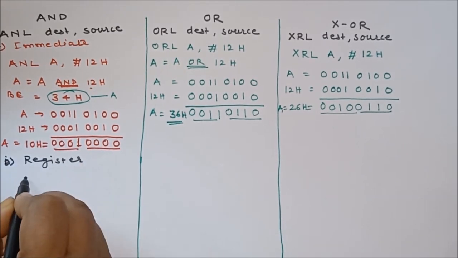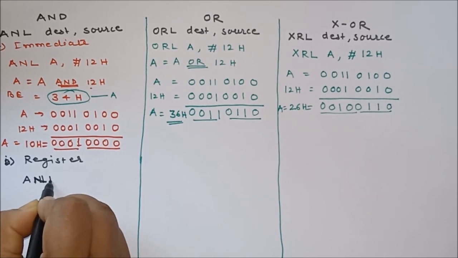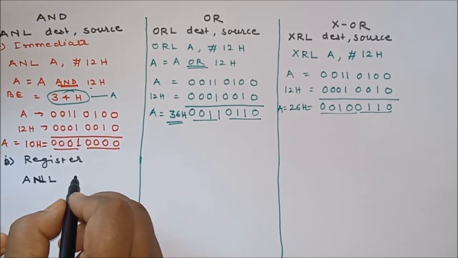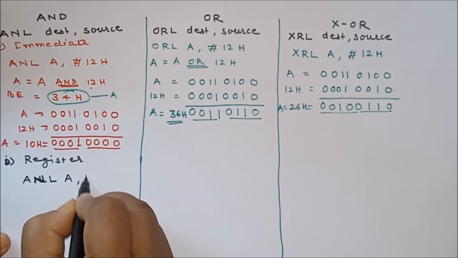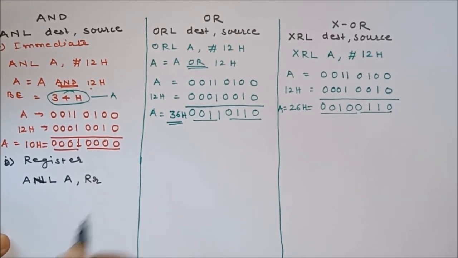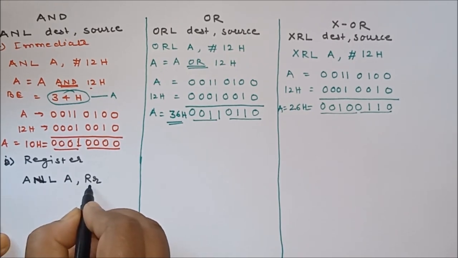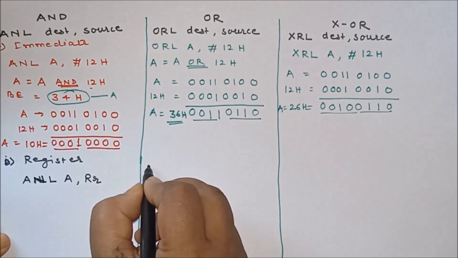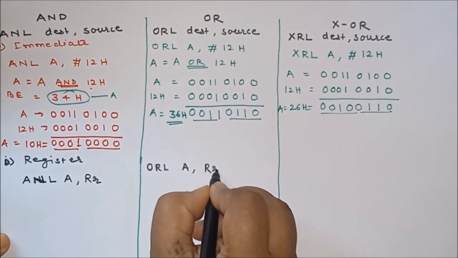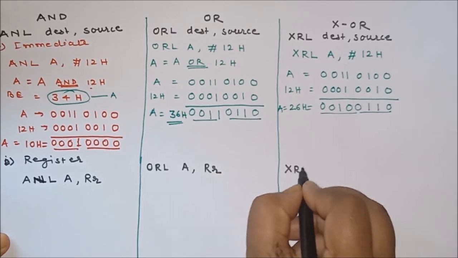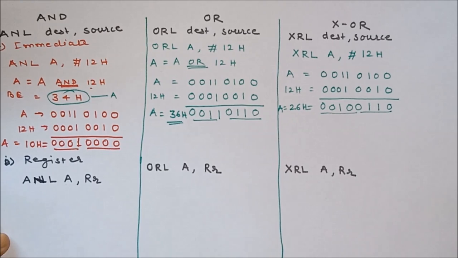In register addressing mode, ANL A comma Rn, any register R0 to R7 can be used, and the operation will be performed on the accumulator and this register. For the OR operation, ORL, accumulator comma any register can be used. For XRL, accumulator comma any register can be used.